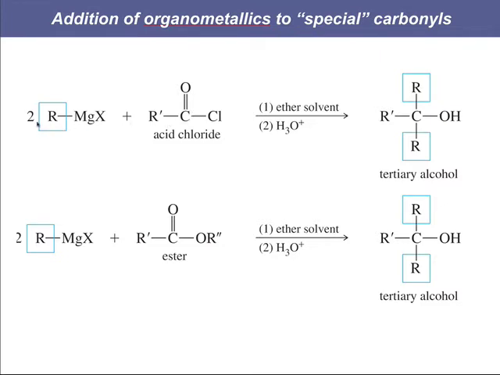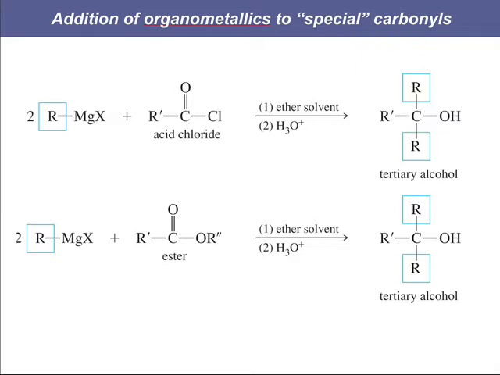Notice that if we have 2 RMgX and 1 acid chloride, our reaction product has 2 additions of those R groups. That gives us a tertiary alcohol. This R prime group is also a carbon. So double addition to the acid chloride. Same thing with the ester. If we have 2 additions of Grignard, it will add twice.